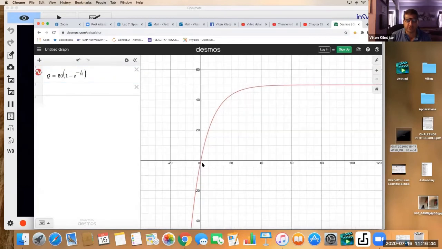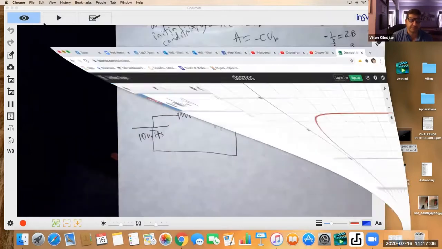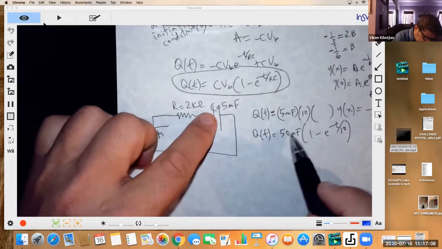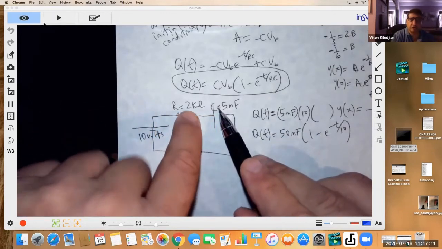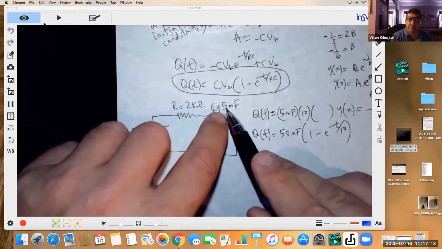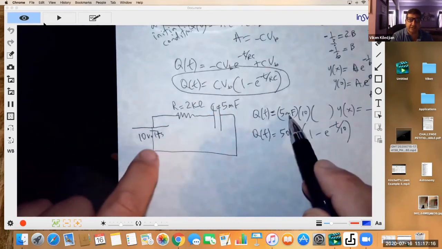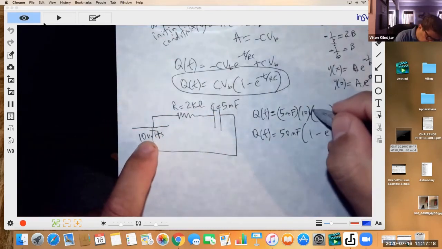Okay, so what is that showing? This is showing you how the charge on the capacitor asymptotically builds up to its maximum value. And its maximum value is the 50 millifarads. No, sorry. That should be 50 millicoulombs. Hold on. When you multiply C times VB, I'm multiplying 5 millifarads times 10 volts.